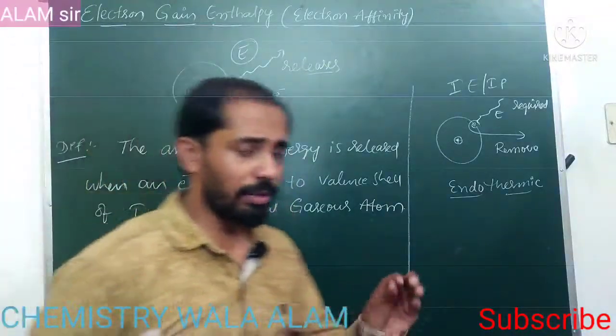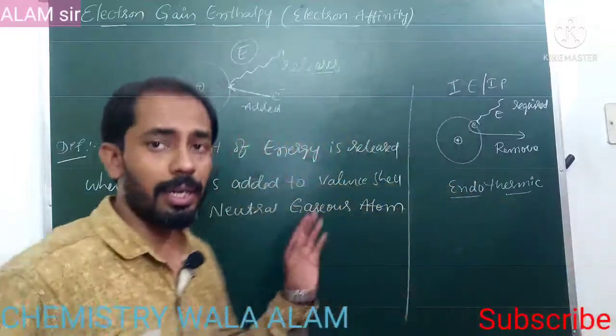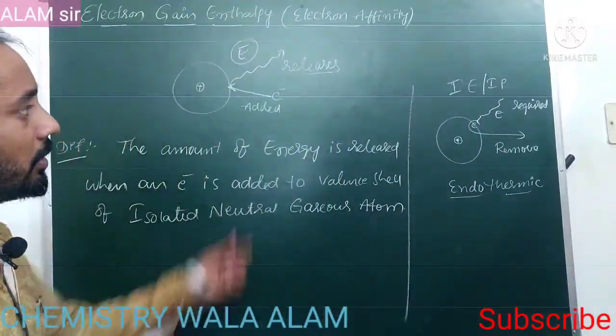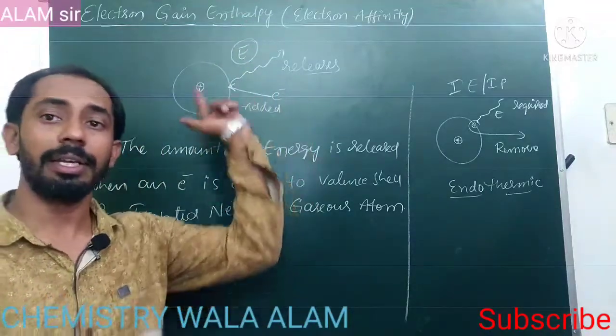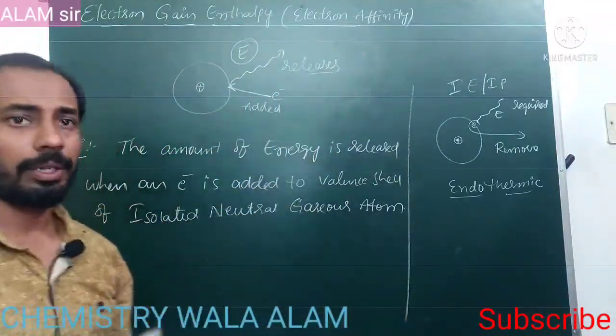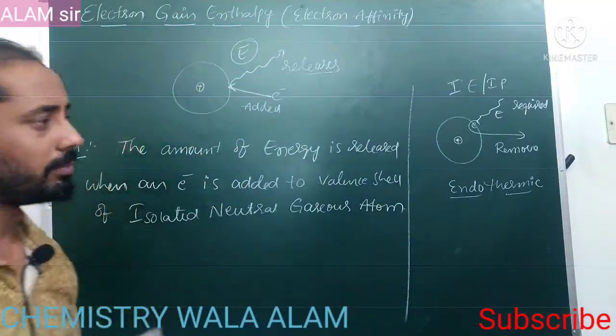So when an electron is added to the valence shell of the isolated neutral gaseous atom, a certain amount of energy is released. That released amount of energy is termed electron affinity or electron gain enthalpy. Enthalpy is one of the forms of energy.